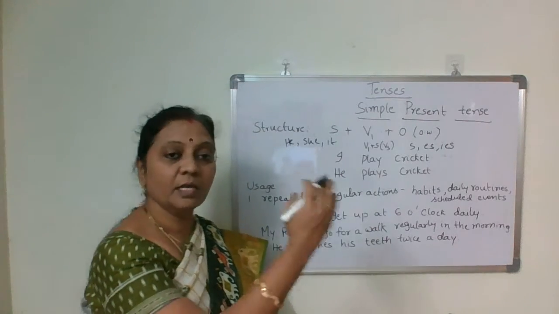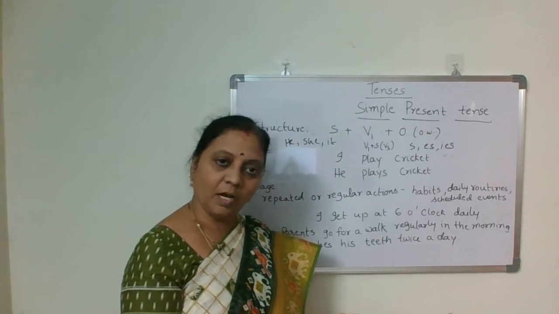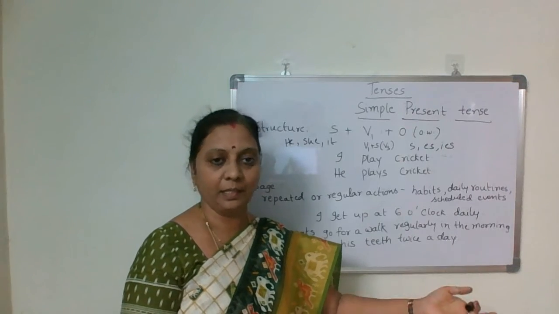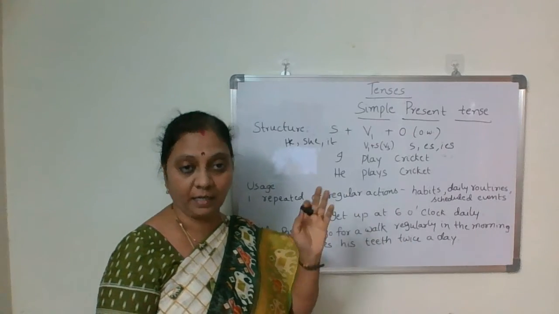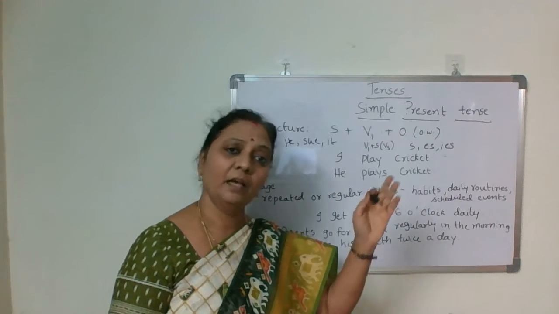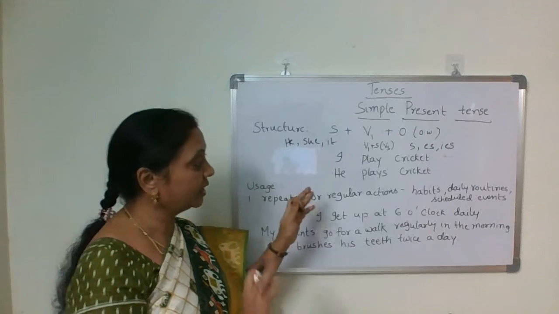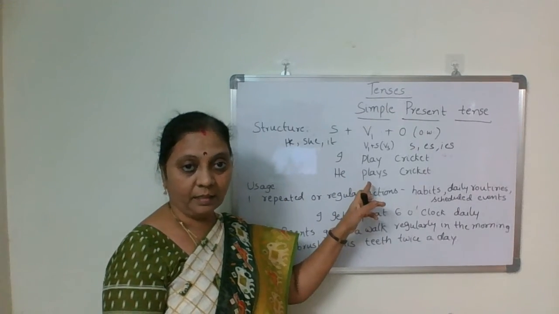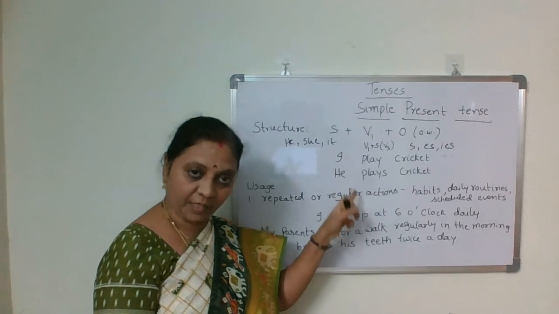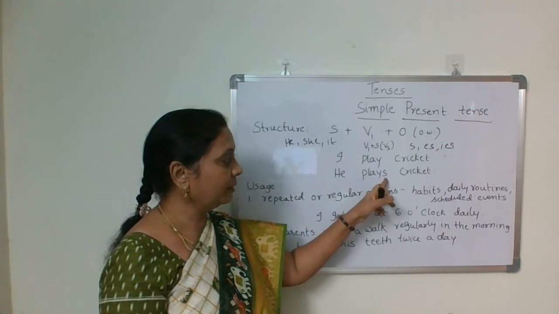It gives milk, or the cow gives milk. Or it flies high, the bird flies high. Okay, in such cases, only for he, she, it, you have to add S to the V1 verb in simple present.